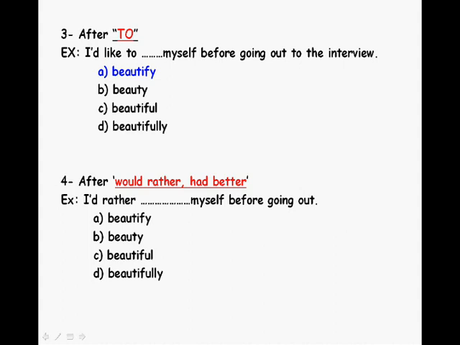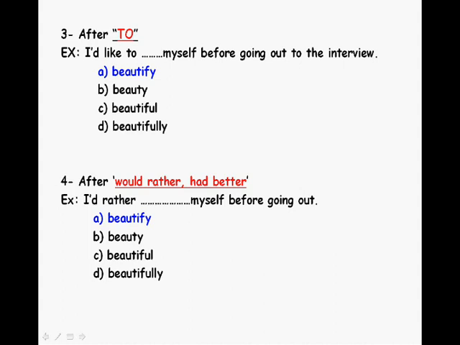I'd rather. And as we said, we are going to put the verb after I'd rather. So, which of these words is the verb? Excellent, yes, the word which has the ending fy. Remember, this is what we said now. So, the verb is going to be beautify.